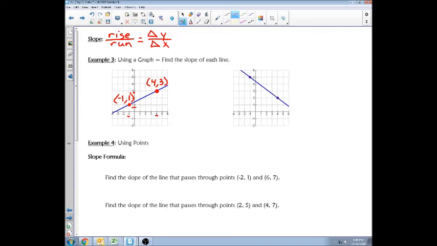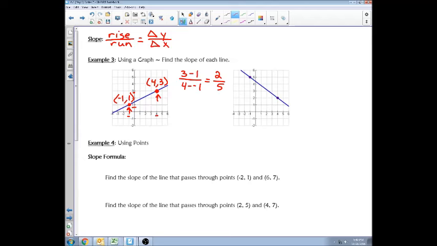From here, I know that I can subtract my second point from my first point in order to find my change in y and my change in x. So what I'm going to do is take 3 minus 1 over 4 minus negative 1, which would get me 2. 4 minus a negative is the same thing as adding, so it's 2 over 5.